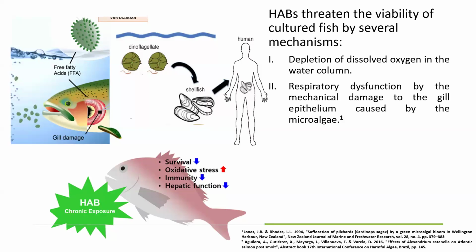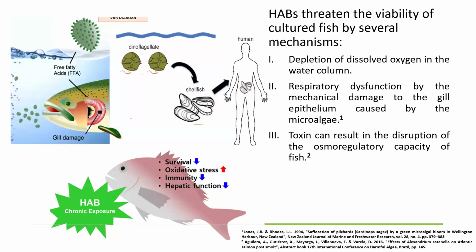Secondly, the microalgae can mechanically damage the gills and disrupt the respiratory function in fish, leading to necrosis of the epithelium and hyperplasia, resulting in mortality from blood hypoxia. For instance, one study reported the impact of microalgae cells on the gill epitheliums of sardine caused by the clogging of the secondary gill lamella, resulting in mortality due to suffocation.